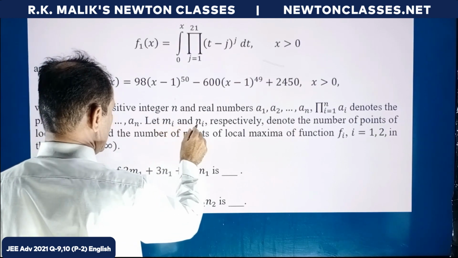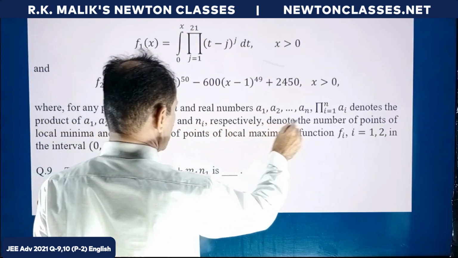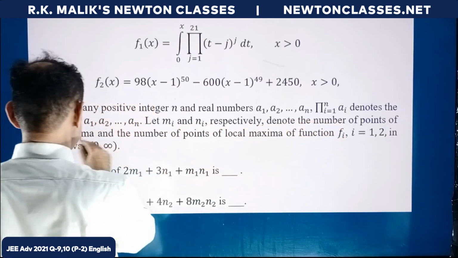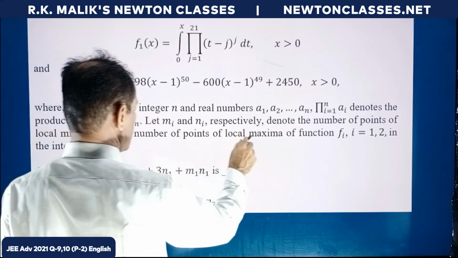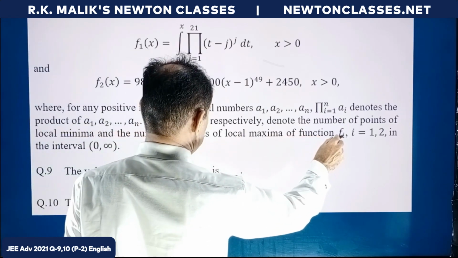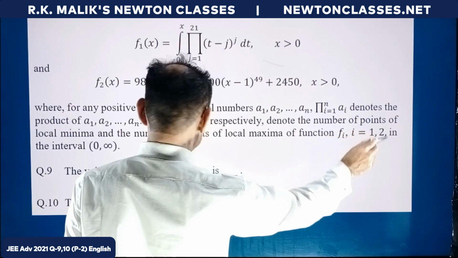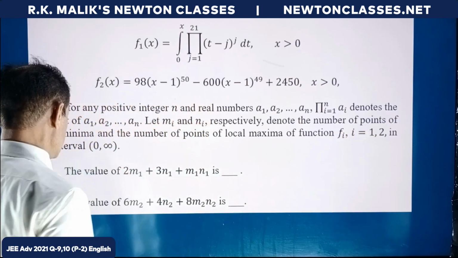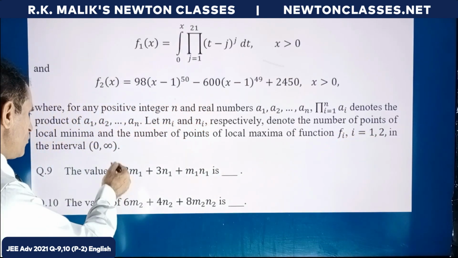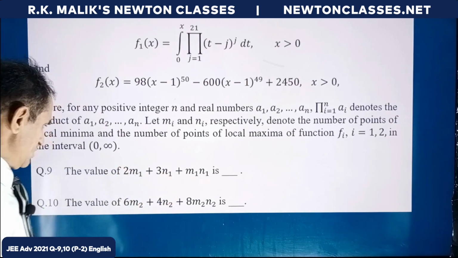Let mi and ni respectively denote the number of points of local minima and the number of points of local maxima of the function fi, where i is either 1 or 2, in the interval (0, infinity). You have to find the value of this and this.